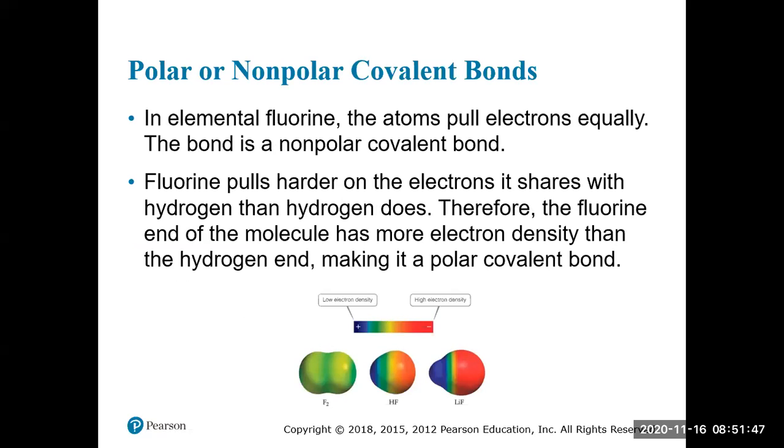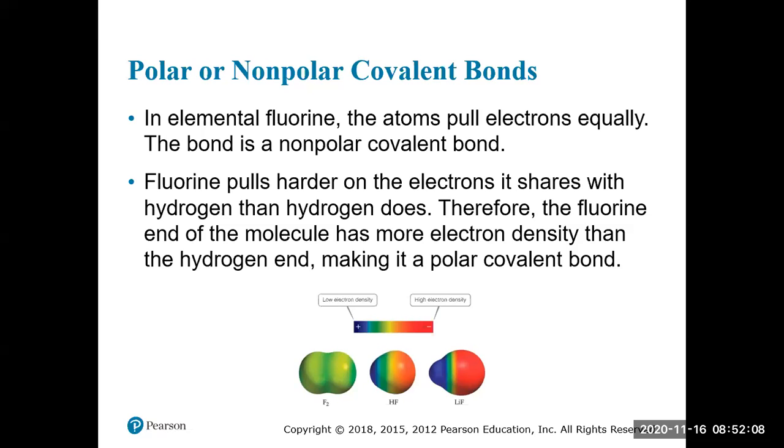At the bottom here, we have several compounds, all of which involve fluorine. If you look at the color scale that they give us, blue is lower electron density, red is high electron density.